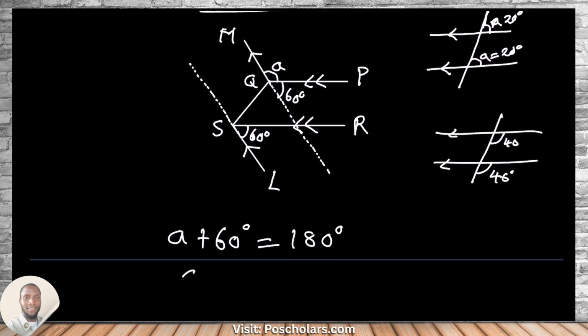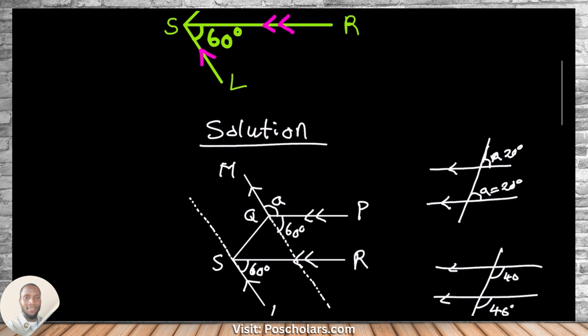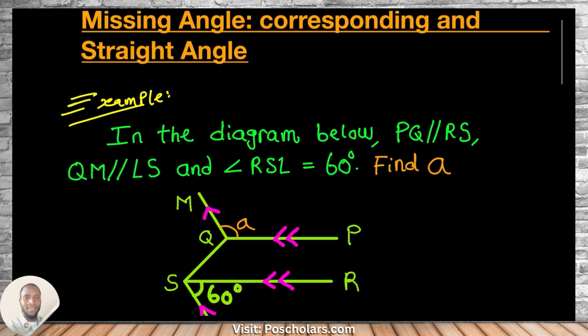And when we do that, we have A equals 180 minus 60, right? We have moved 60 this way, and A is therefore equal to 180 minus 60, which gives 120 degrees. So we have found the value of A. A is equal to 120 degrees.